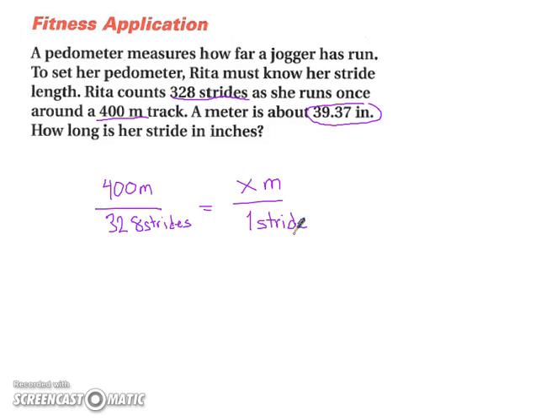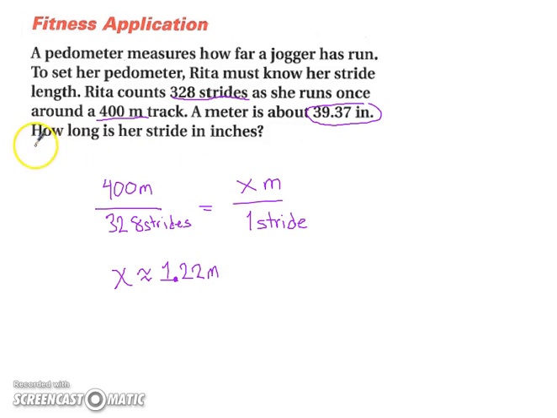Alright, so to start with this, we're going to cross multiply. So 400 times 1 is 400. And we're just going to divide that by 328 strides. So that means x is going to be about 1.22 meters. Okay, so x is about 1.22 meters.